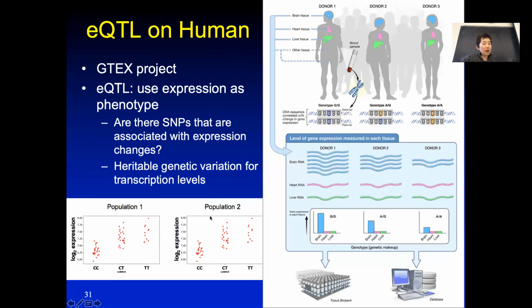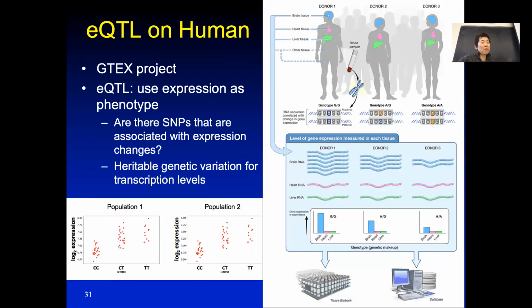And you might observe this in 2 different populations, and that will give you a hint that this particular genotype is linked to the expression of another gene. And so this is an eQTL. Basically, it's a SNP associated with the expression changes of some genes.